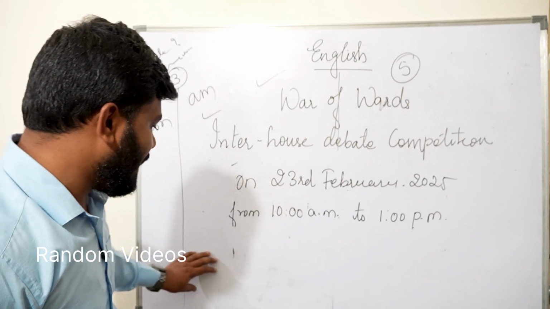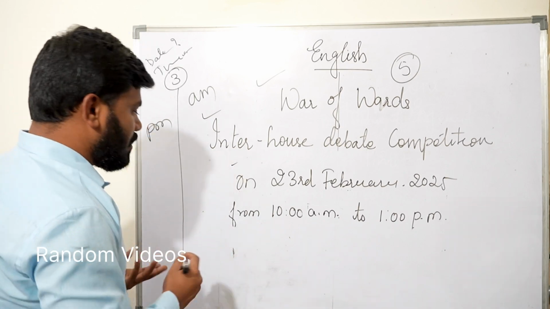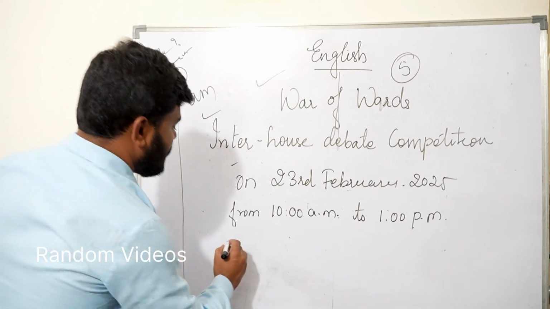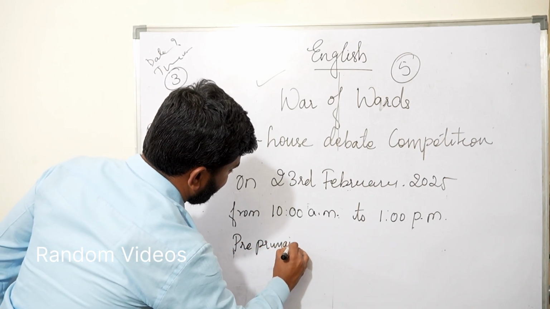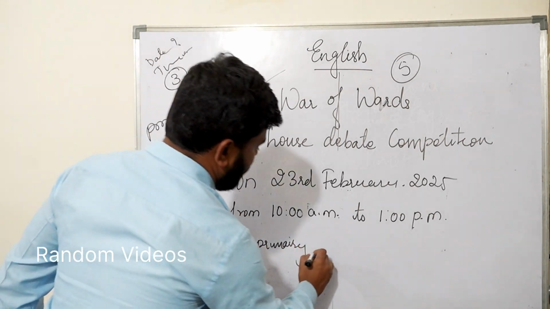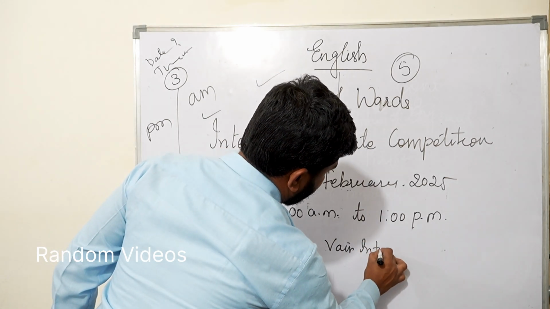We have a pre-primary block, where there is an open air theater. I'll write pre-primary block. So you can add at pre-primary block, comma, Warren International School.